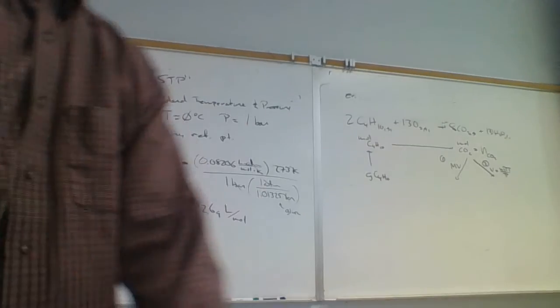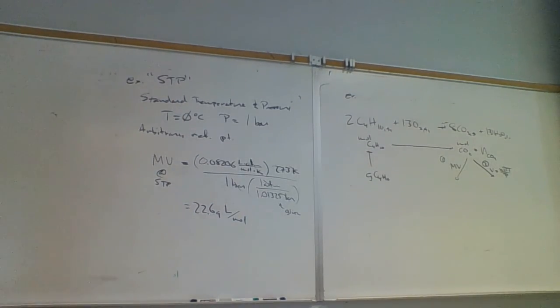And so let's go with 16.2 grams of butane. Then what are we gonna do? We're gonna get rid of grams. We're gonna go from grams to moles, so I need the molar mass. 4 carbons, that's 4 times 12.01, and 10 hydrogens, that's 10 times 1.01.